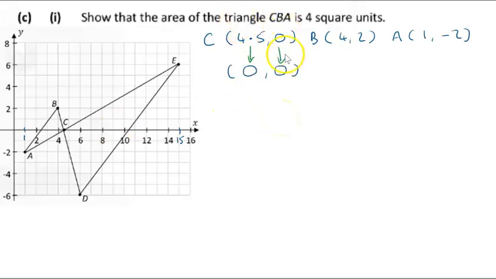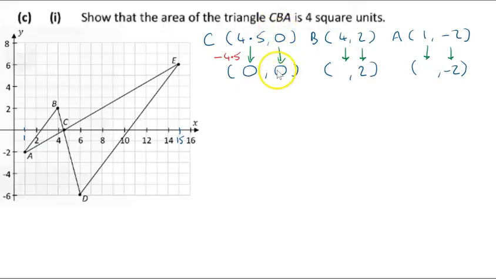We want one of the points to become 0, 0. It doesn't matter which one you choose. I'm going to go with this one because the y value was already 0. And I'm going to change the x value from 4.5 to 0. So what did I do to get 4.5 to become 0? I minus 4.5. So I have to minus 4.5 from the x value of B and the x value of A. The y values stay the same.